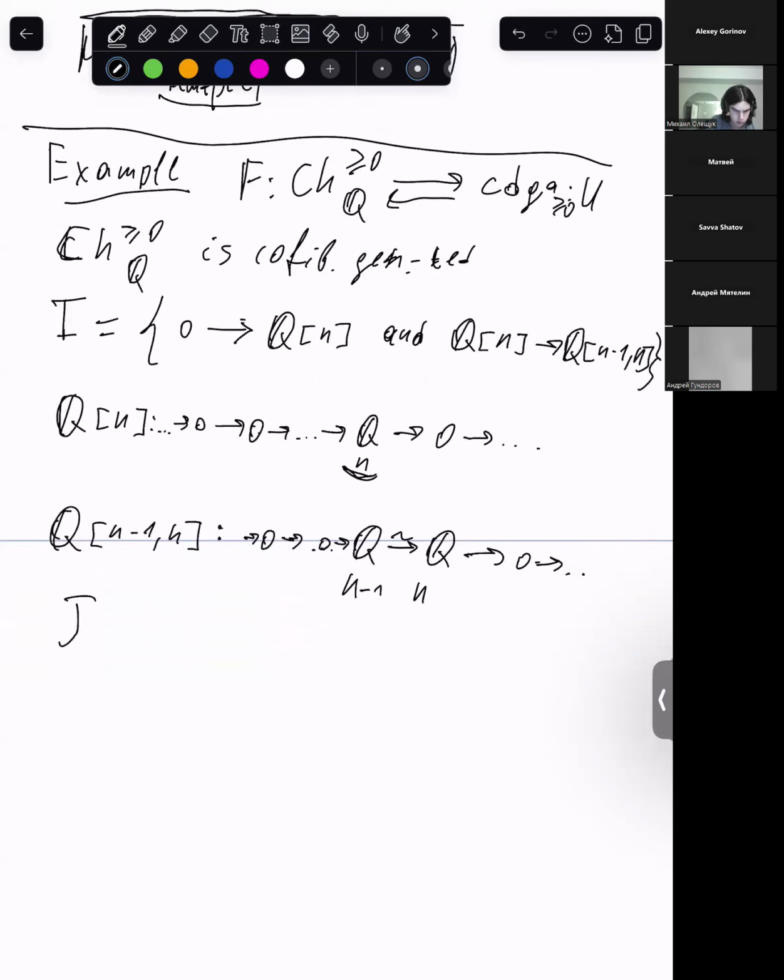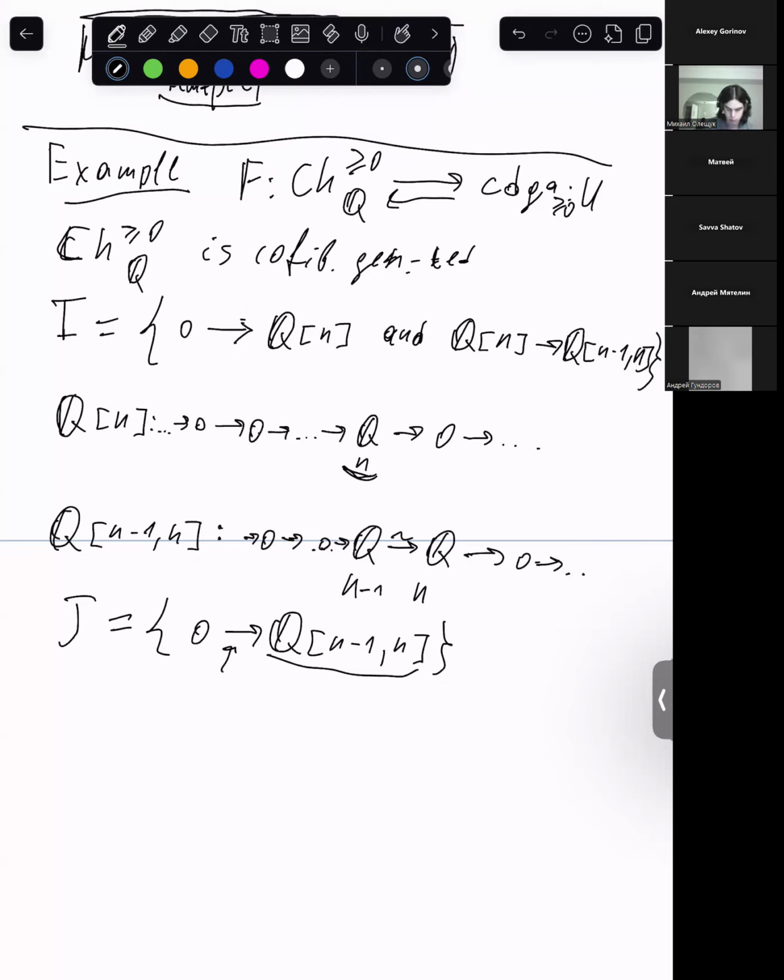And J is this one. As this complex has no homology, this inclusion we could call a quasi-isomorphism.